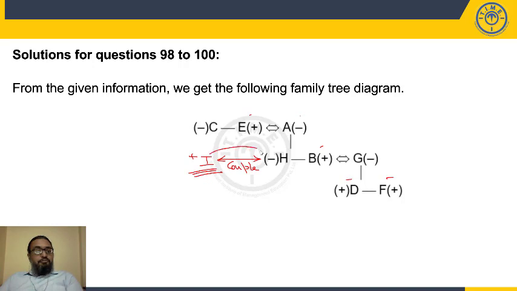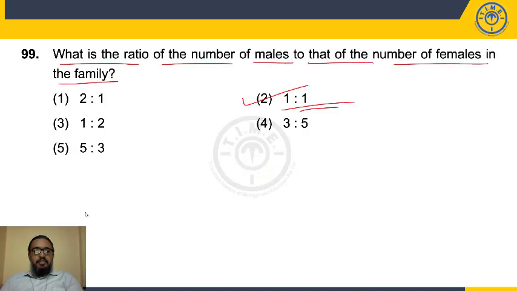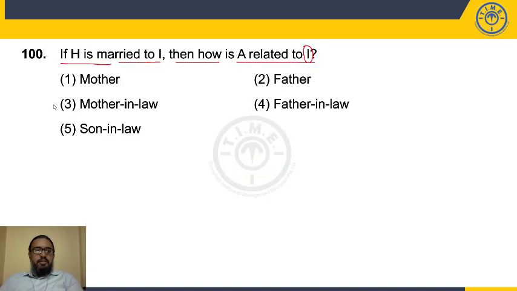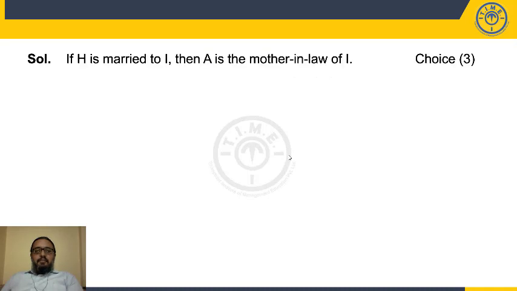I has a wife and this wife has a mother. So wife's mother is nothing but spouse's mother. Spouse's mother is mother-in-law. So the answer to that question is mother-in-law. Choice 3. Third option. So these are the questions you have in this set.